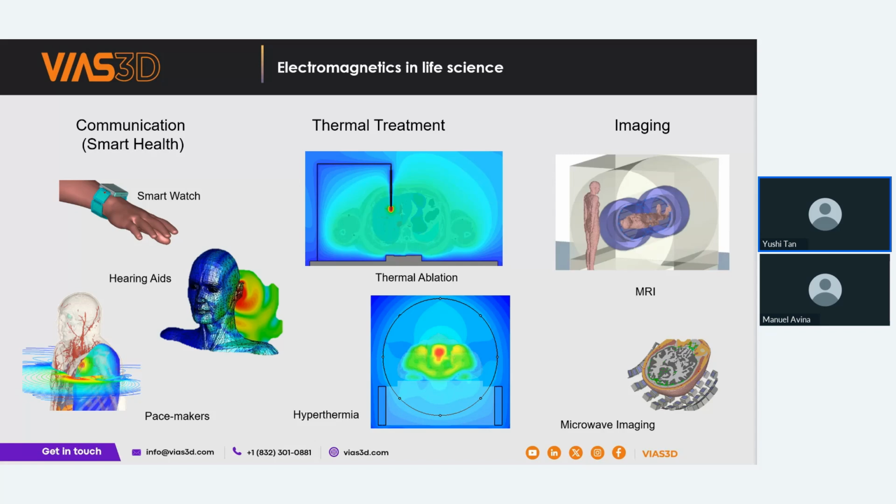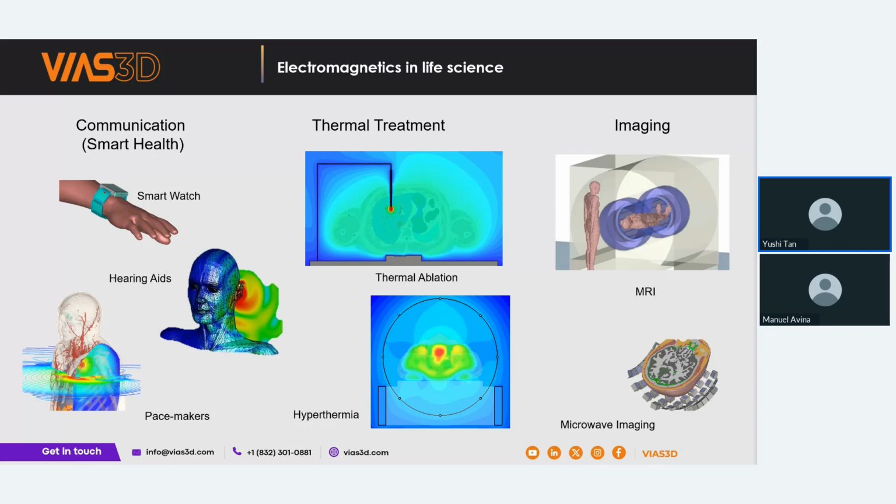Now, all these applications are very important. Thermal treatment, let's say cancer treatment, employs some kind of electrode inserted into a certain area, localizing the heating of tissue in these areas to make sure that the cancer cells are treated or burned properly without damaging the healthy cells. Now, we can also simulate hypothermia. And in terms of imaging, MRI machines are pretty typical.